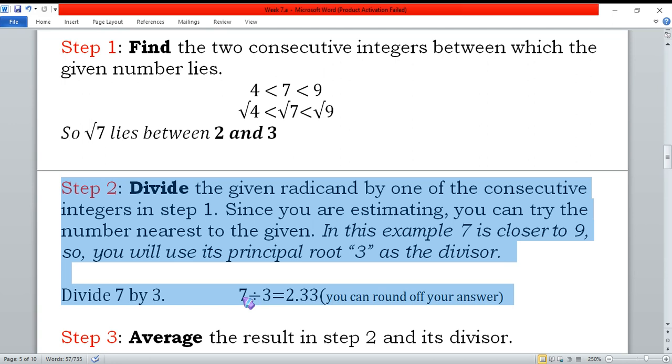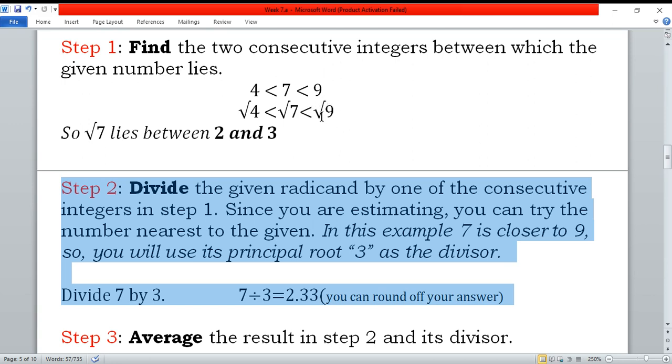So, meaning, i-divide natin yung given radicand, yung 7, doon sa may malapit na principal root. So, alin ba ang mas malapit? Yung square root of 4 o yung square root of 9? So, mas malapit yung square root of 4. Sorry. Mas malapit yung square root of 9, yung bandang kanan.